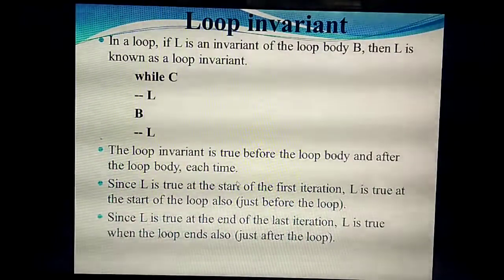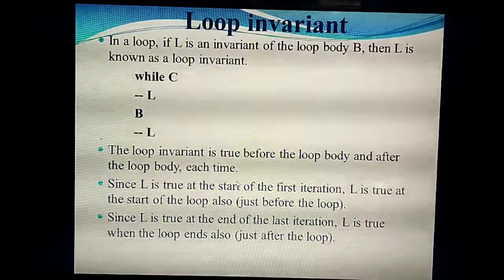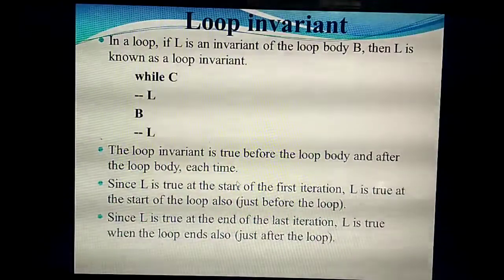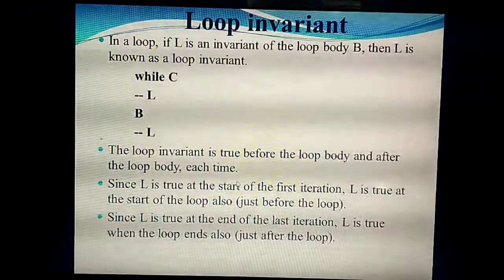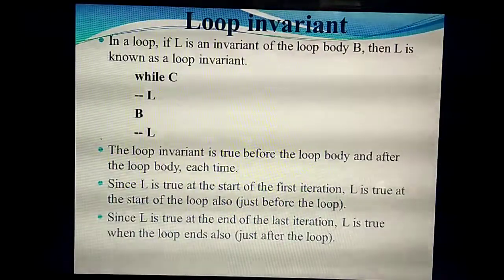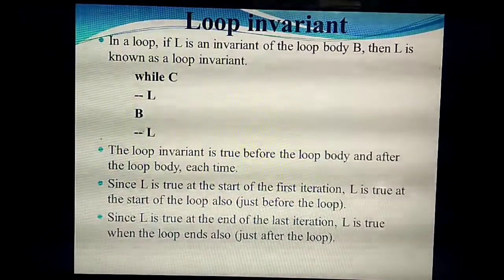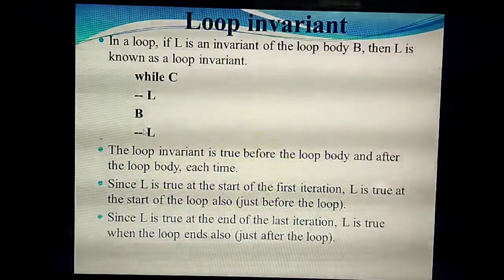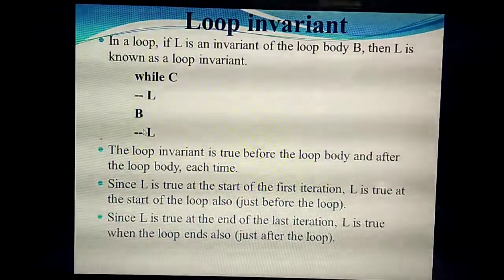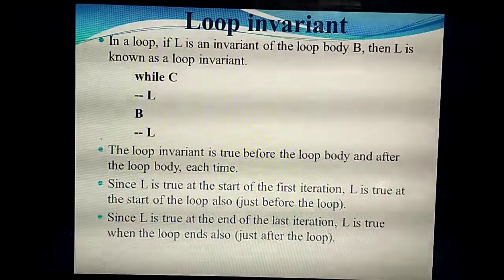Understand? So that's the first condition. Next condition: L is true at the start of the iteration as well as the start of the loop. That's the second point. Then L is true at the end of the last iteration and the end of the loop. Okay, you have to study 4 things.